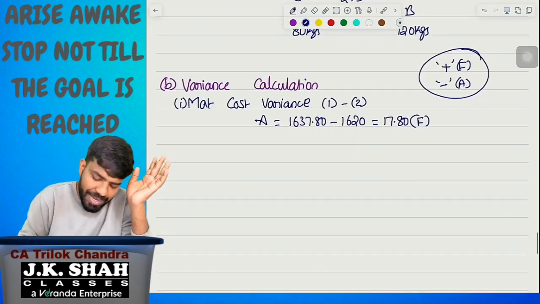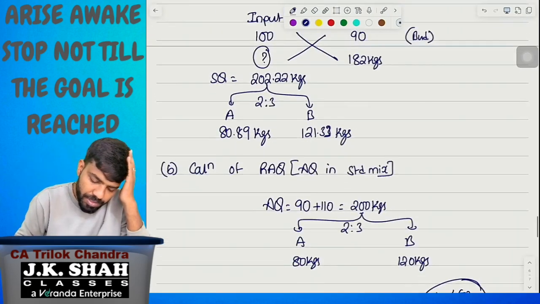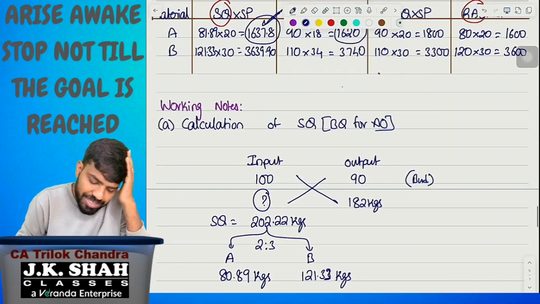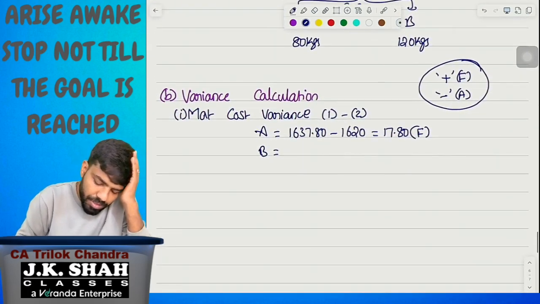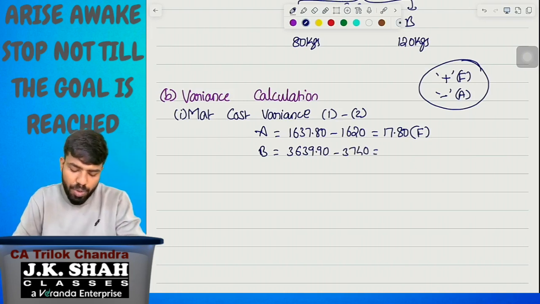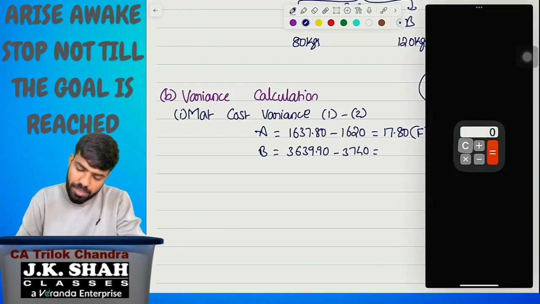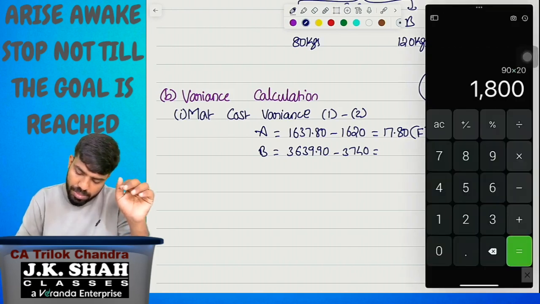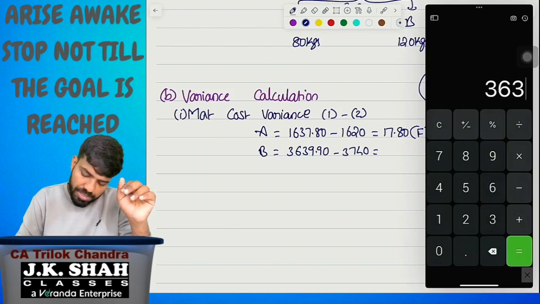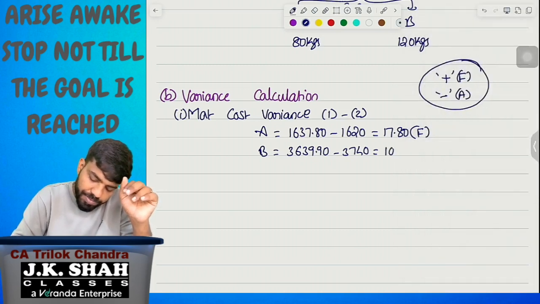Okay, next B. When it comes to B, first column is 3639.90. 3639.90 minus 3740, there is an adverse. 3639.9 minus 3740 equals 100.10 adverse.